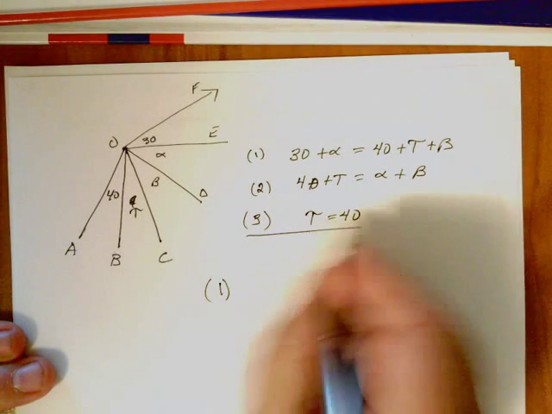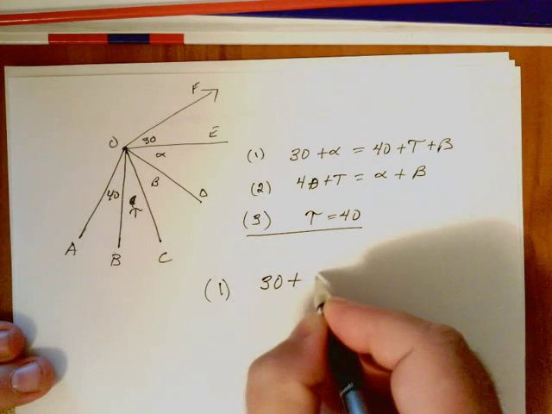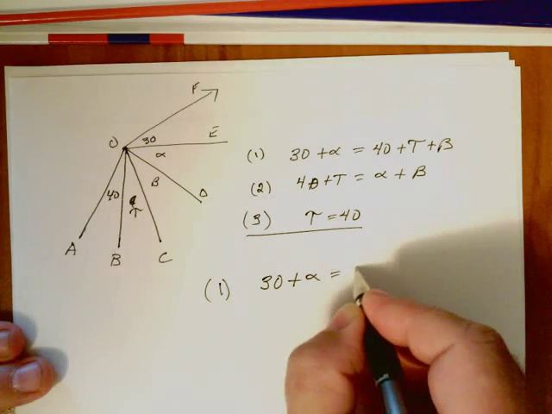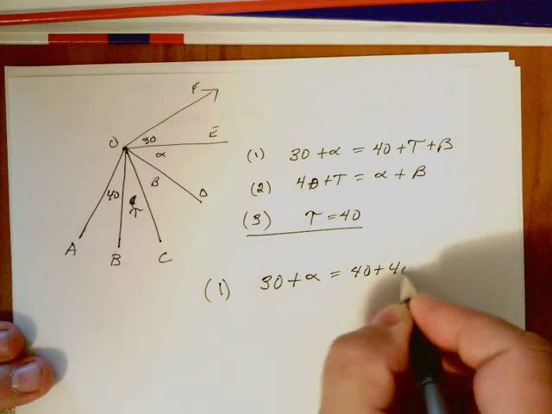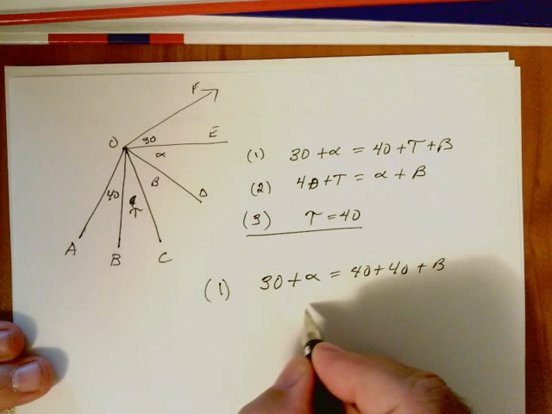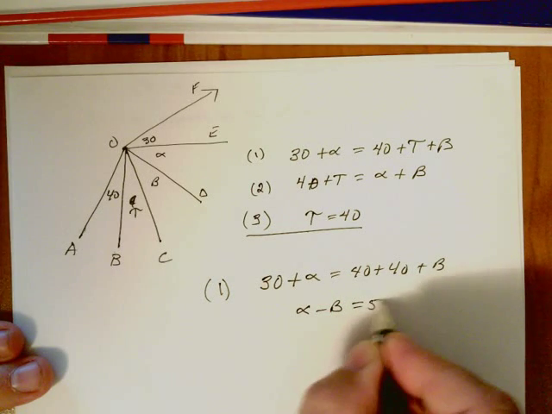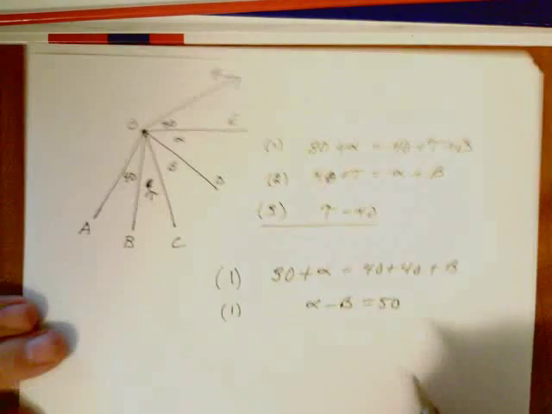If you take tau as 40 and rewrite these other two equations, you're going to get 40 plus beta for the first one. That is, of course, going to be alpha minus beta is equal to 50. That's the first equation.